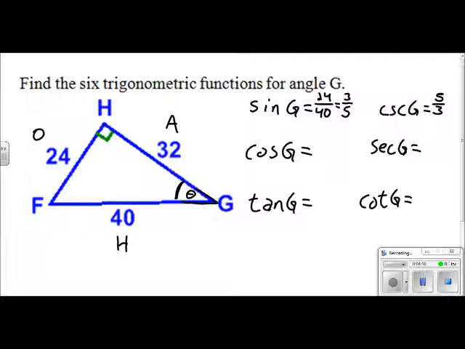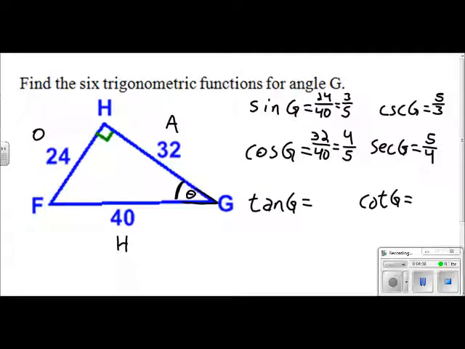Looking at the cosine, remember cosine is adjacent over hypotenuse, we would have 32 over 40, which, dividing each by 8 to reduce, would be 4/5. And the secant of G is just the inverse, so we flip that, and that would be 5/4.